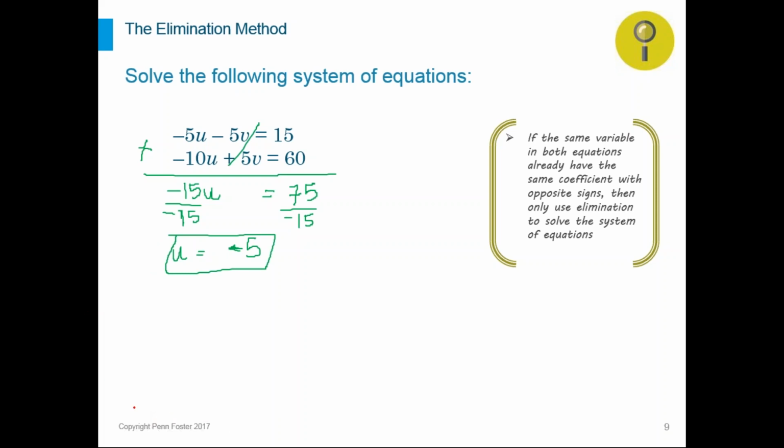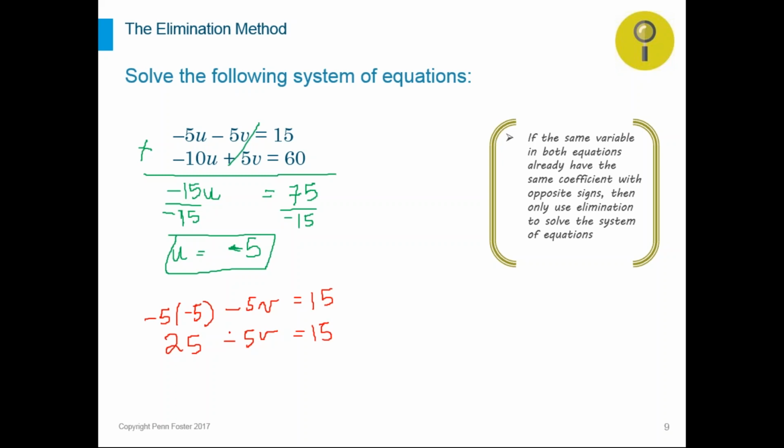So let's do that together. Let's pick the first equation. Negative 5u, which is times negative 5 because u is negative 5, minus 5v equals 15. Simplify. Negative 5 times negative 5 is a positive 25, minus 5v equals 15.